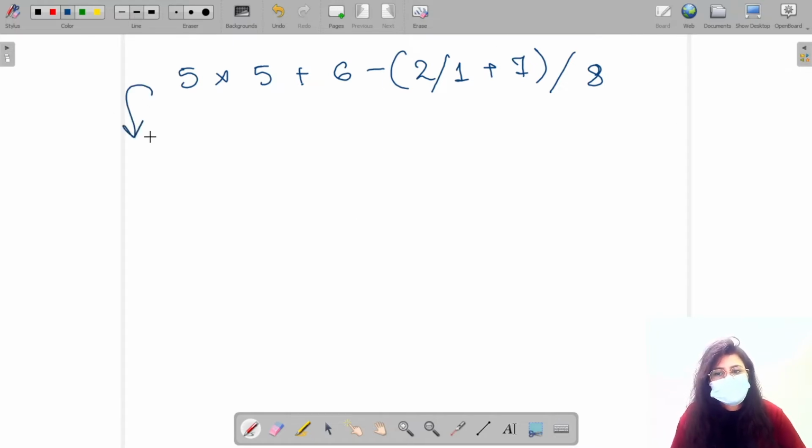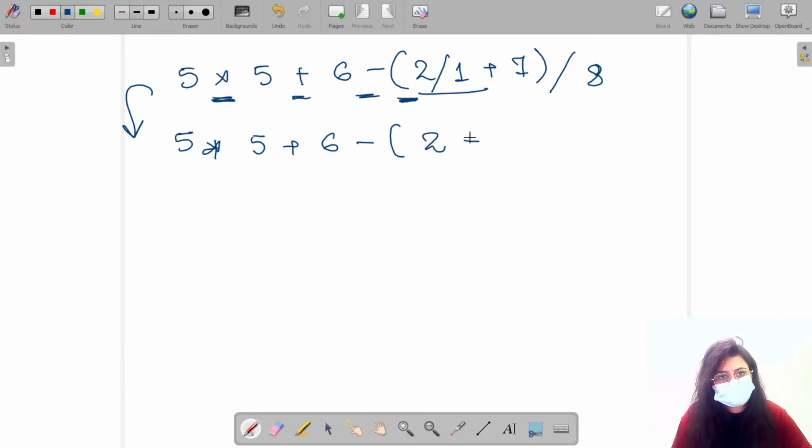What we can do: this is a multiply operator, plus operator, minus operator. Then came the parenthesis. So we'll solve the parenthesis first. How can we simplify this? Minus 2 divided by 1 would be 2, plus 7 divided by 8.